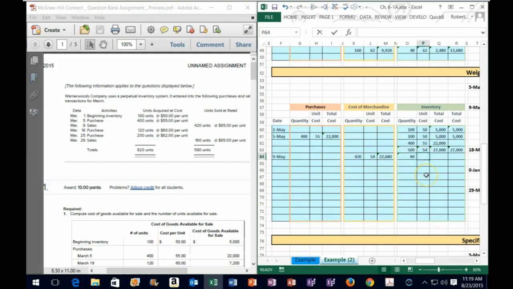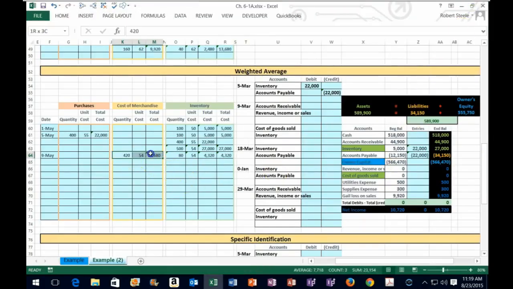They all cost about $54. Therefore, we have 80 units left times $54, or 4,320 in terms of dollars. If we put that in the total column, we get the 4,320.